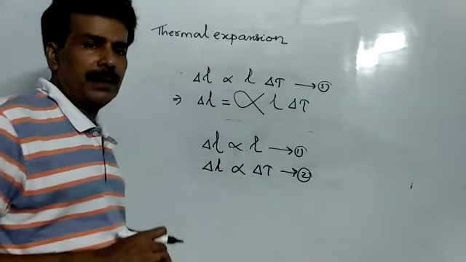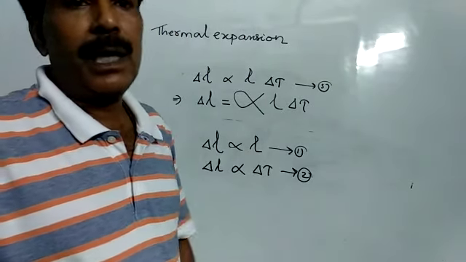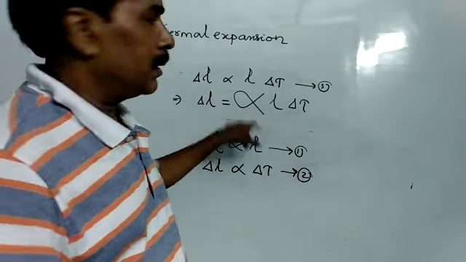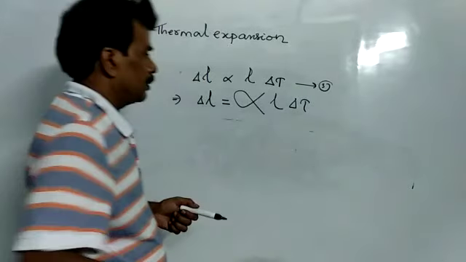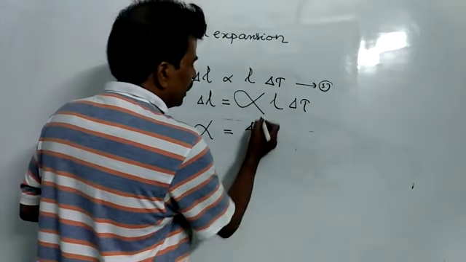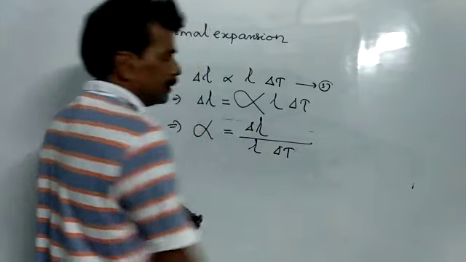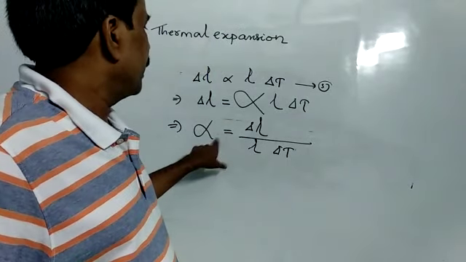So what is alpha? Alpha is a constant of proportionality, and that is called the coefficient of linear expansion. So we can write alpha is equal to delta L divided by L into delta T. So what is alpha?